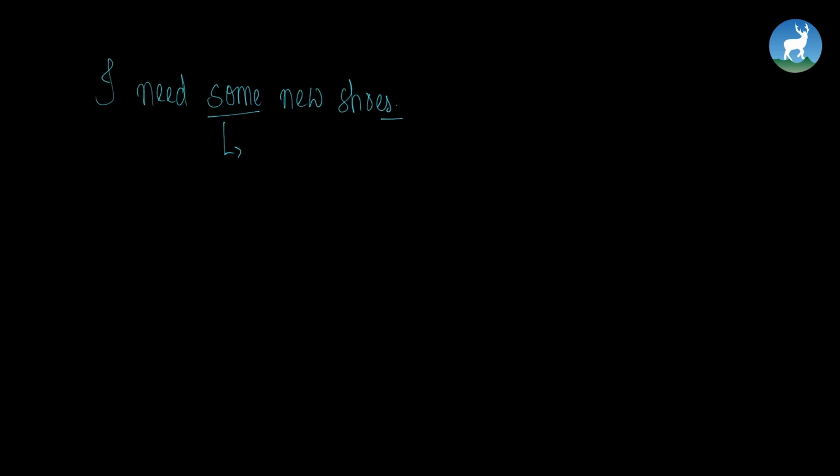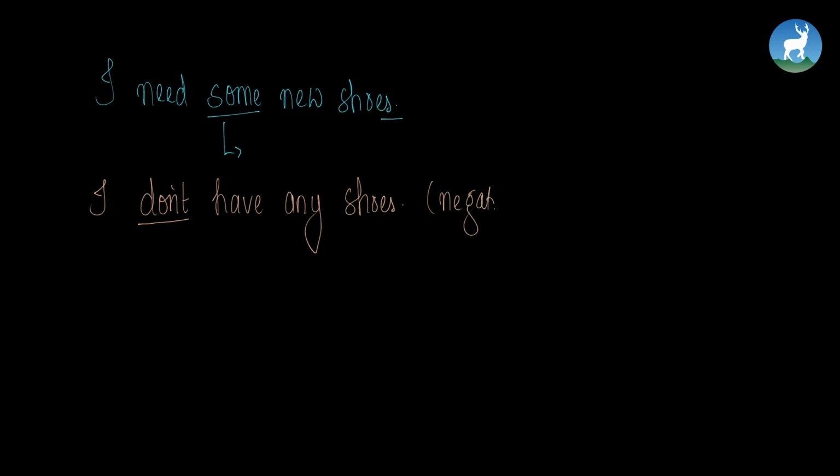Now let's write another sentence. I don't have any shoes. Now see here. Here's a negative word, don't. This sentence is a negative sentence, correct? Because here we can see a use of the negative word don't. So we used any with the negative word, right?